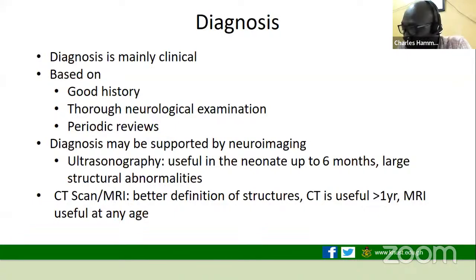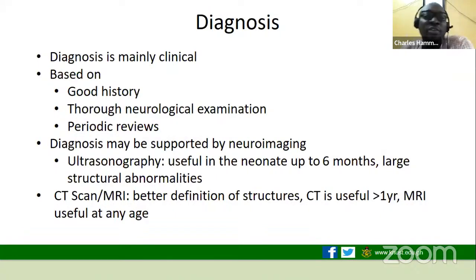Then when you have made your diagnosis, some of the times you want to do imaging just to support your diagnosis. For younger children who still have their anterior fontanelles patent, you may do an ultrasound, but for older children, CT scan or MRI will often be helpful in helping you identify what the pathology is.